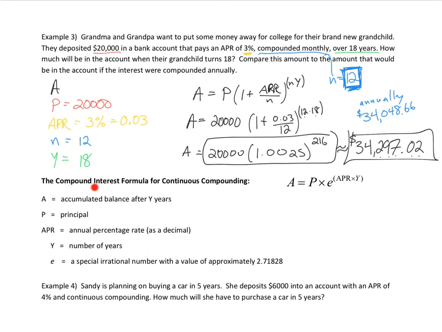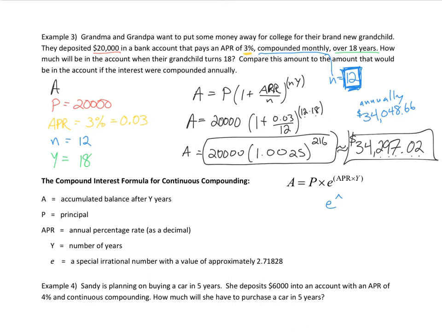And that's what the compound interest formula for continuous compounding is. So we have this weird thing here. Here it is. We have e coming back. e is about 2.71. But again, on a calculator, you'll want to find that button.